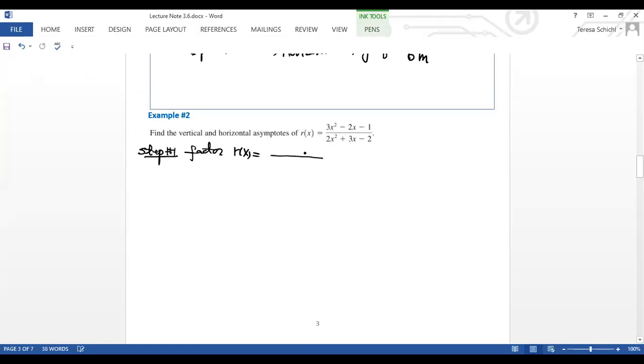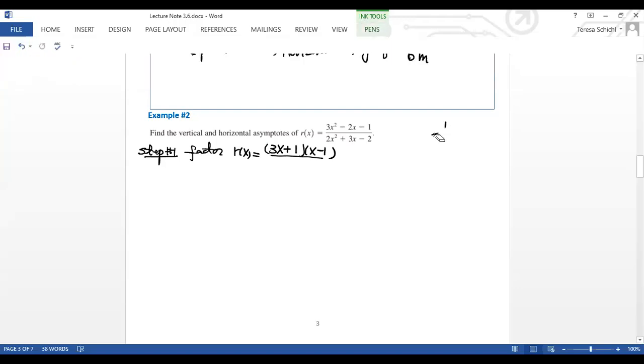This is 3x minus 2x minus 1, so I have a (3x + 1) and (x - 1).